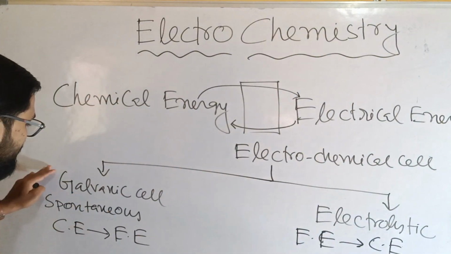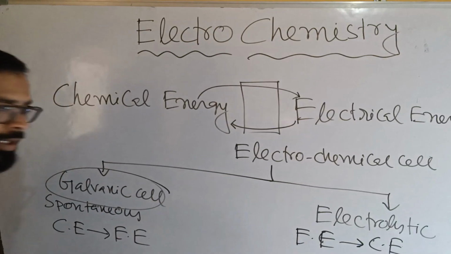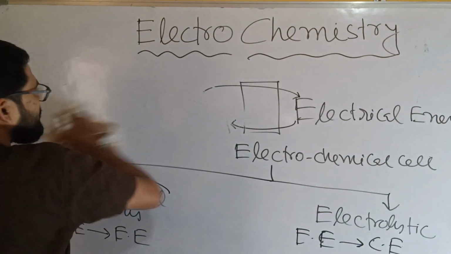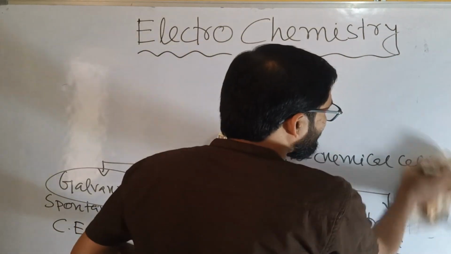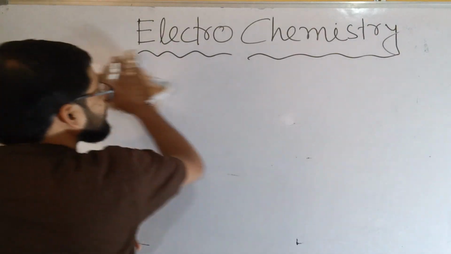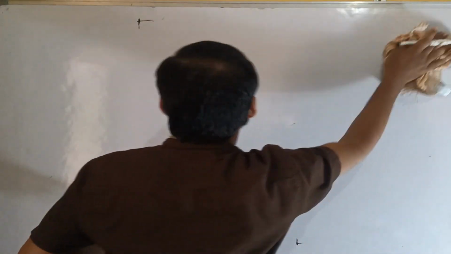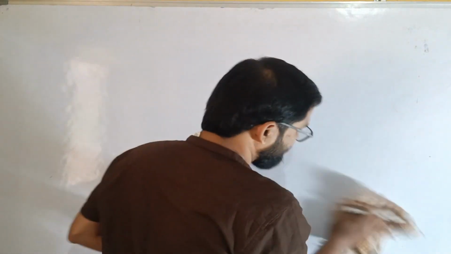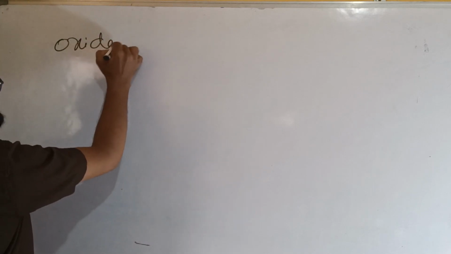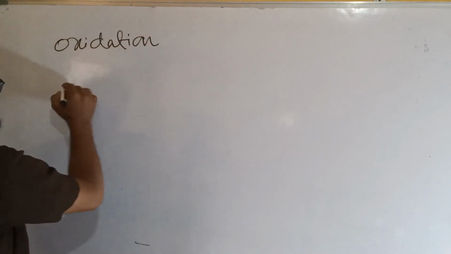Now we will discuss the galvanic cell. Before starting the galvanic cell, we need to understand some basic fundamentals and tools. That is oxidation and reduction.